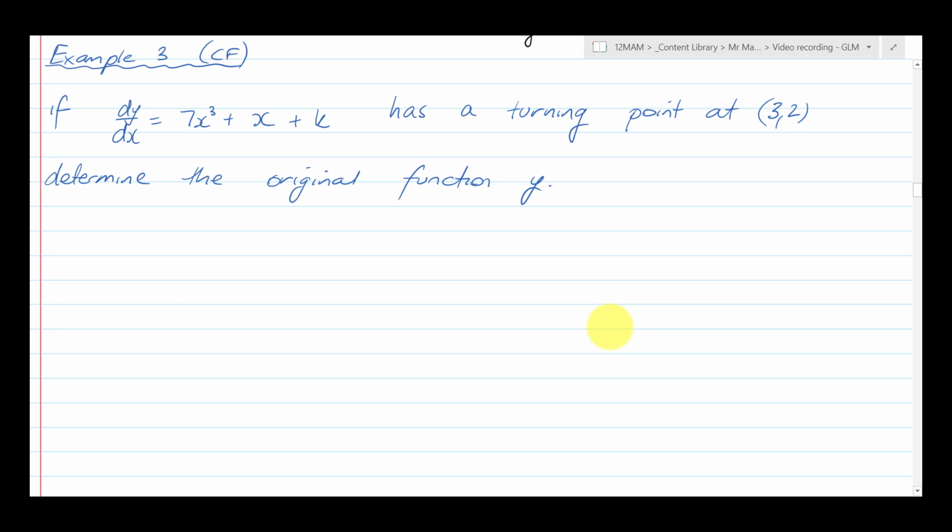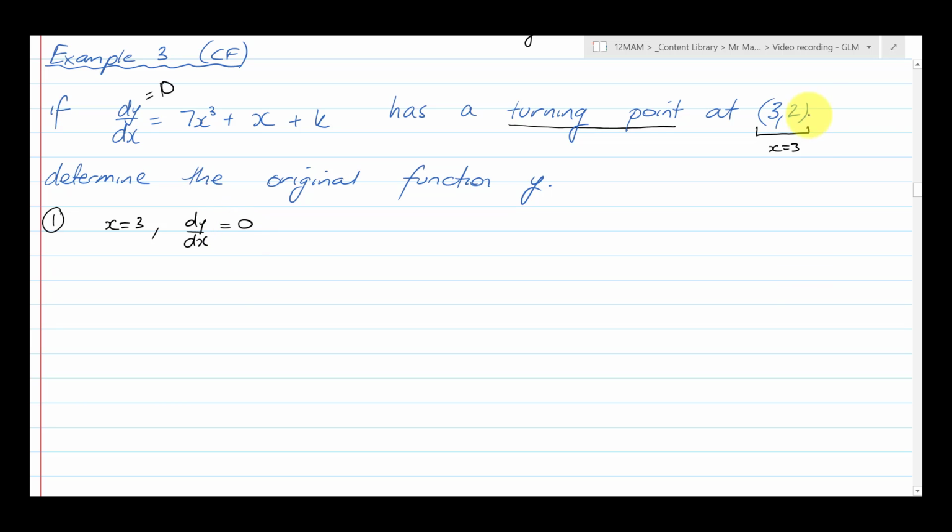In this case, it is: what is the effect of the concept of a turning point? And that effect is that at this point, when x equals 3, dy/dx will equal 0, not 1, so 0.